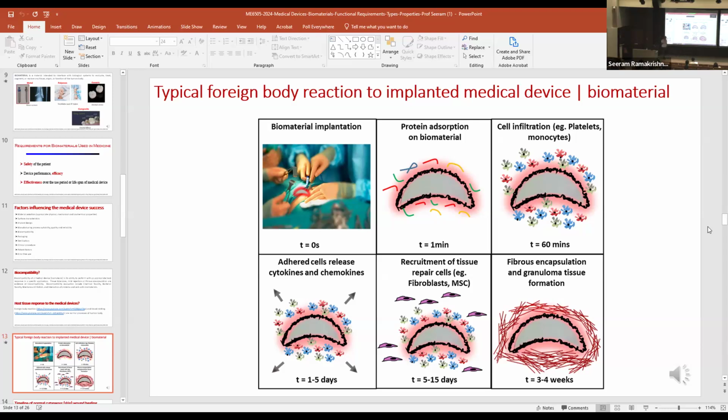So you have a biomaterial, for example, maybe it's used for surgical purposes, and that's coming in contact with the blood, which is circulating in the body. So the blood contains many things, and one of that is proteins. Blood has lots of proteins and many cells, many types.